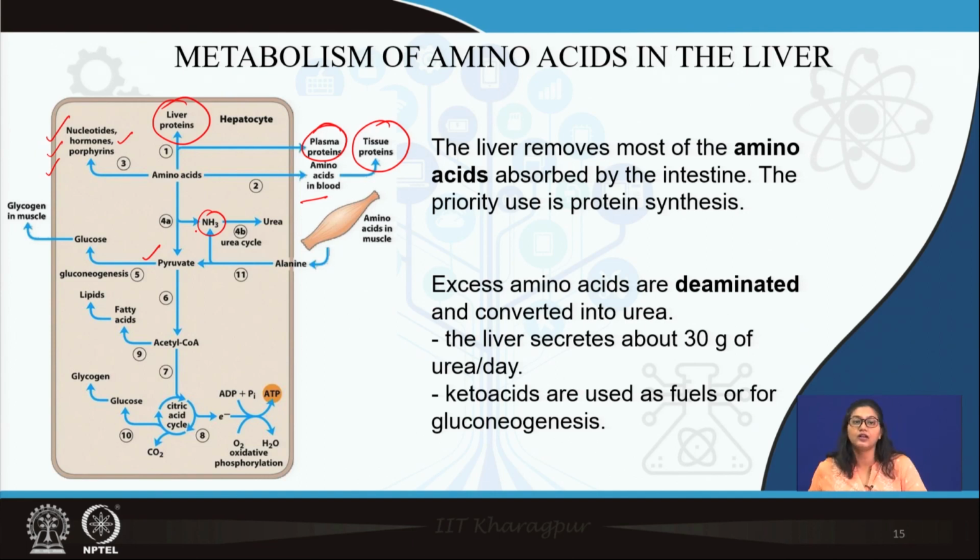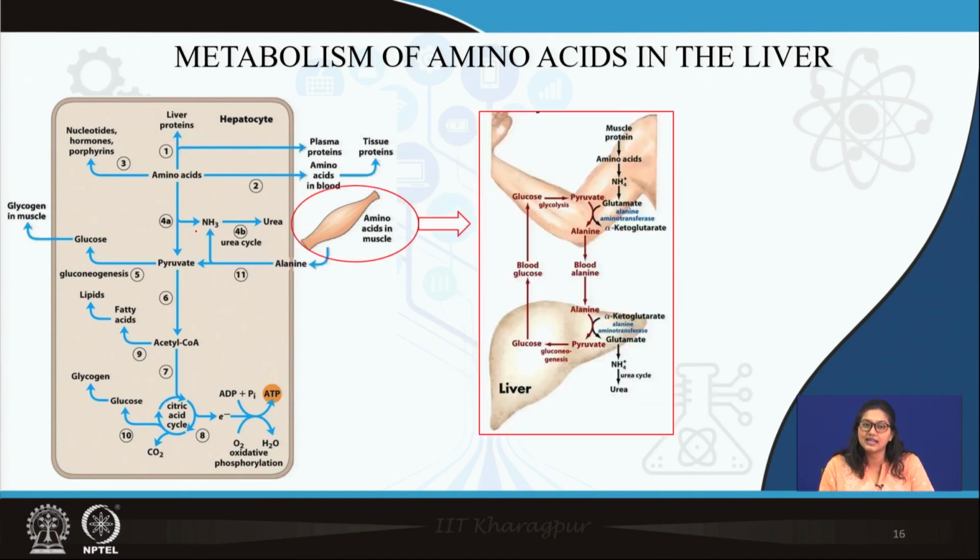Now, remember one important cycle here: entry of amino acids can be not only from dietary amino acids, different organs can also provide amino acids to the liver. One such very important organ is skeletal muscle.